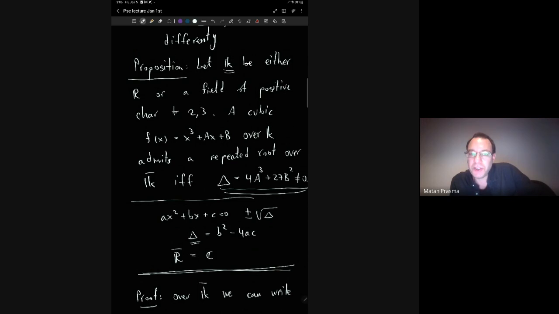One justification is the geometry: we want a tangent line to be well defined in all points. And the second one is algebraic, and this is the fact that this polynomial does not have repeated roots in the algebraic closure.